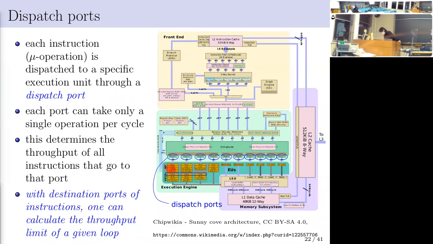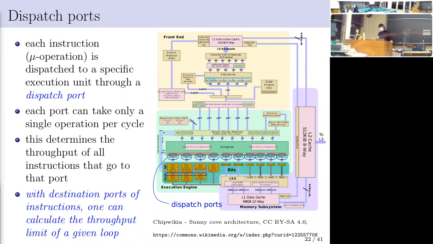So, by looking at this picture and realizing that there are 4 ports behind which there are ALUs, it generally tells you that this processor can execute up to 4 integer operations per cycle.